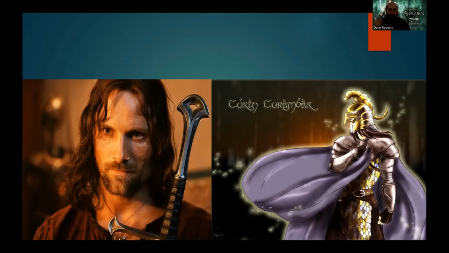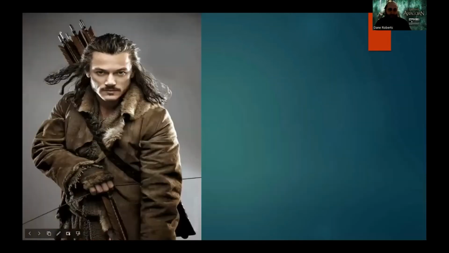And we'll cover that a little more later, because there's a very specific part that makes him an aspect of Sigurd. Beowulf, on the other hand, inspired Bard the Bowman, who slew Smaug in The Hobbit. And he eventually became a king due to slaying a monster, much like Beowulf.